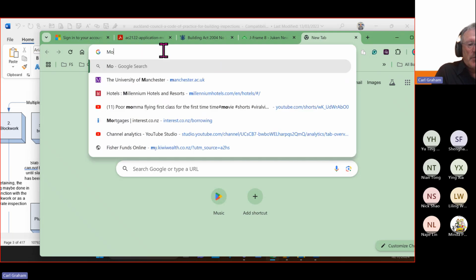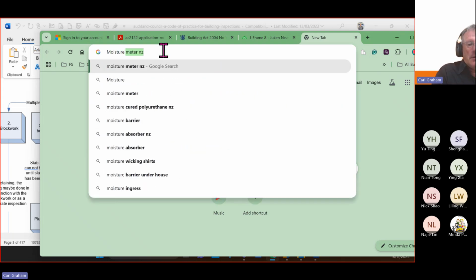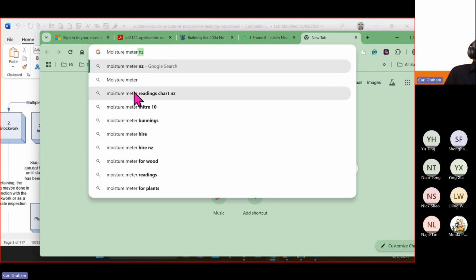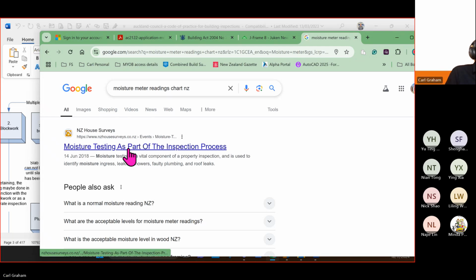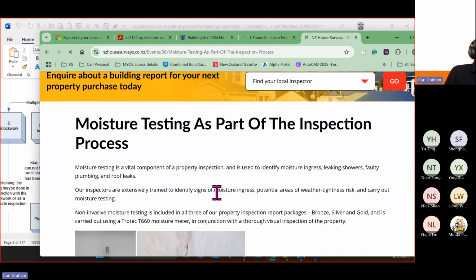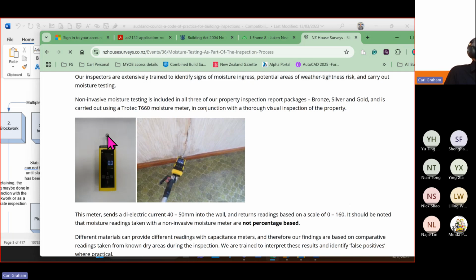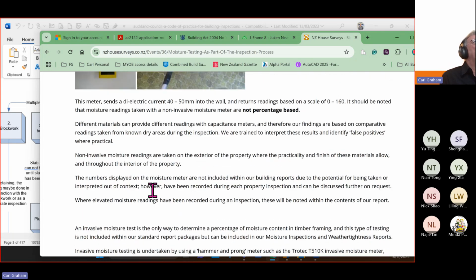Okay, so moisture meters, let's just go. I spell it with the American spelling. So see there, readings chart, right? So this is probably not a good example, because this is a moisture meter that you're looking at that is what they call non-invasive. All right, so you can see it's got that little ball on it. So it's sitting against the gib board. This is not the type of inspection that we're doing.